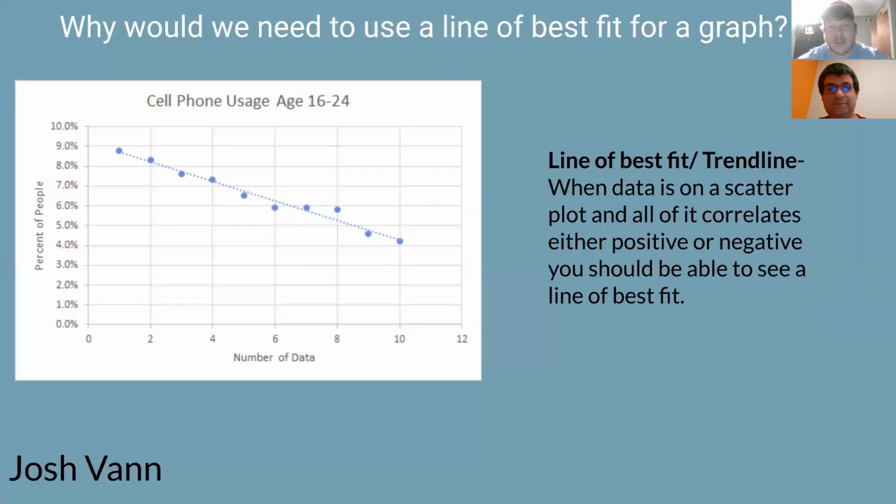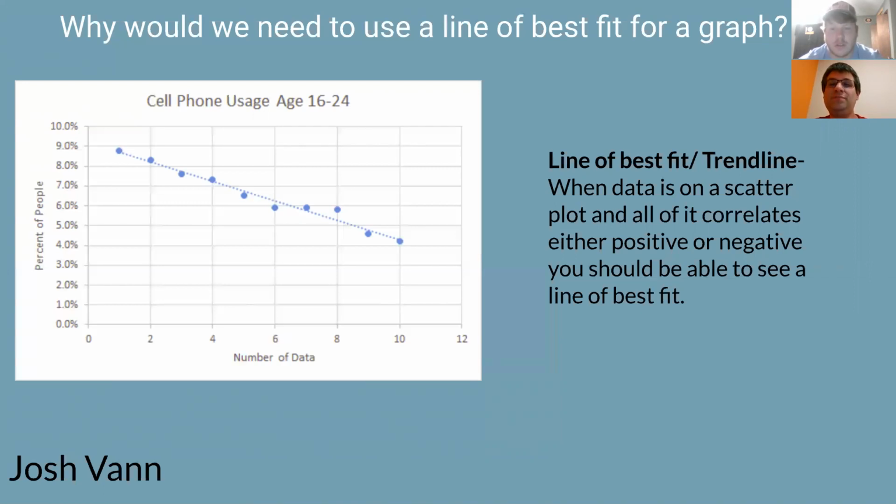Why would we need to use a line of best fit for a graph? A line of best fit, or a trend line, we use when the data is on a scatter plot, and all of it correlates either positive or negative.